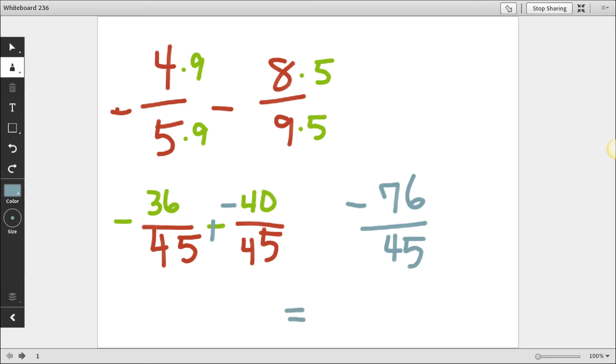If we turn it into an improper fraction, we'll get negative 1 and 31 over 45. So for a common denominator, make it the smallest number you can possibly use.